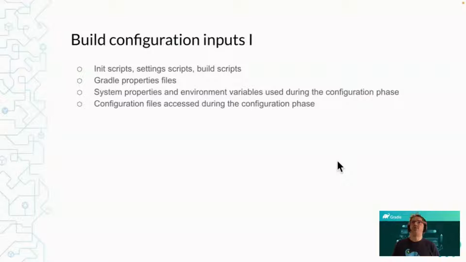They are also used, or might be used, during the configuration phase. Build source or any type of included build logic, configuration inputs and their source files, also of those build logic builds.